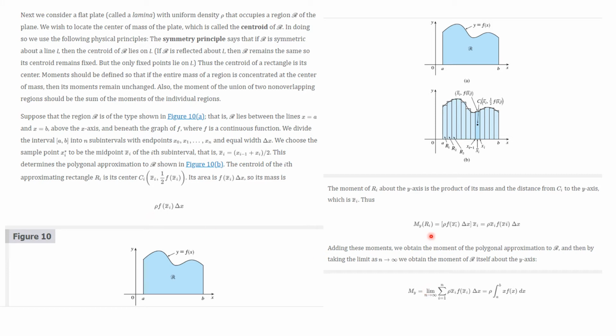So the moment about the y-axis of the ith rectangle is going to be this, which is equal to this. And if we add them all together and take the limit, we get that the moment about the y-axis is equal to rho times the integral from a to b of x f of x dx. Make sure you understand this derivation.